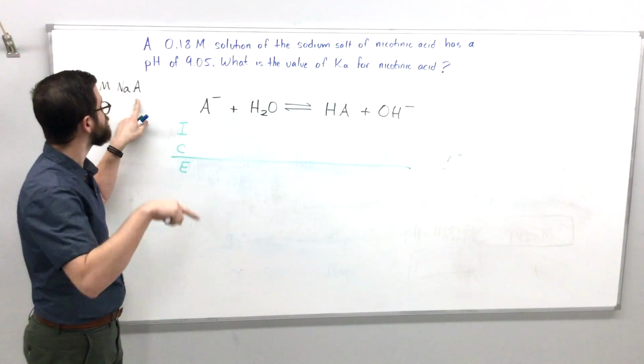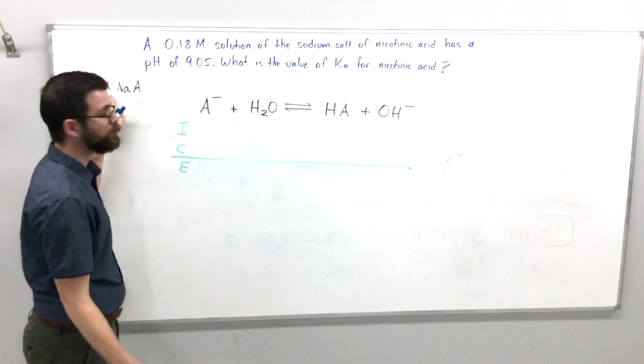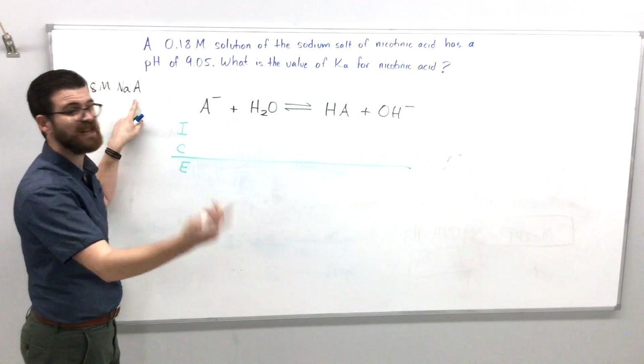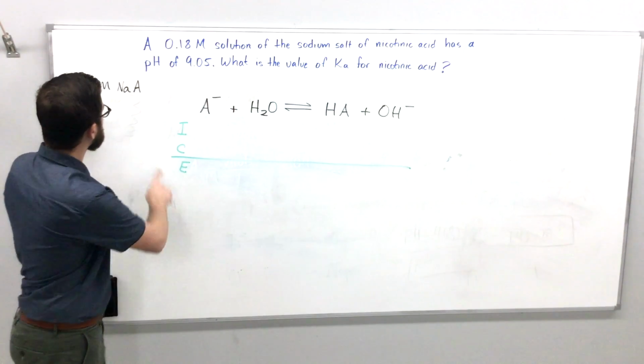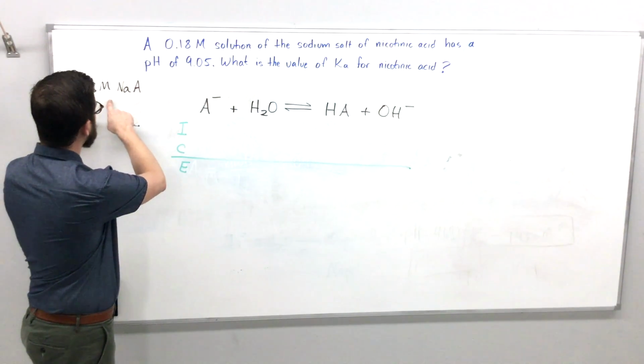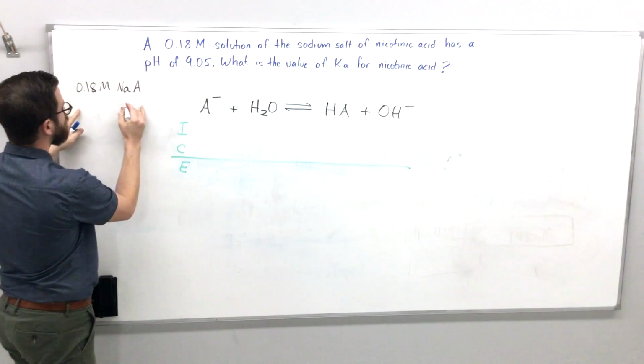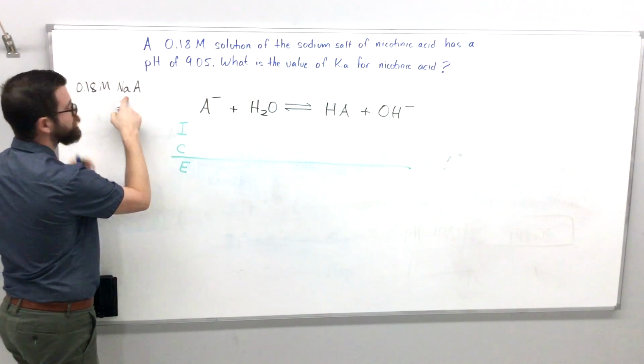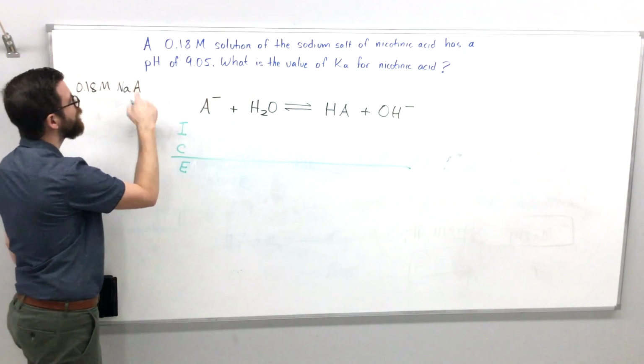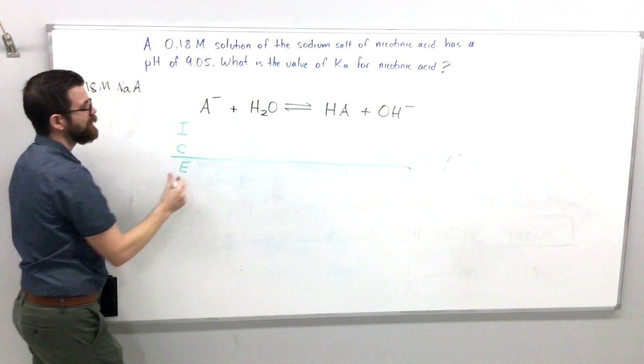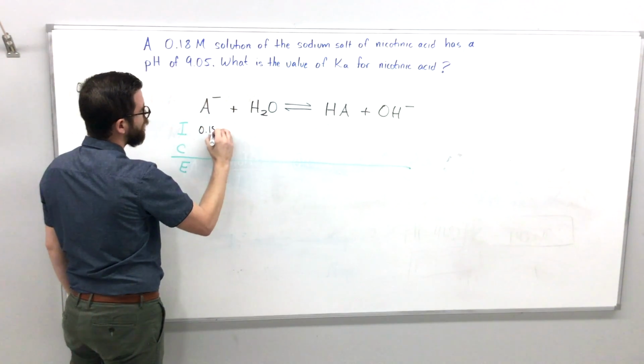As you can see, 0.18 molar sodium nicotinate is technically the name of this. That's the same thing as saying 0.18 molar. If that's 0.18 molar, then your sodium ions are 0.18 molar, but so is your conjugate base. It also has to be 0.18 molar.